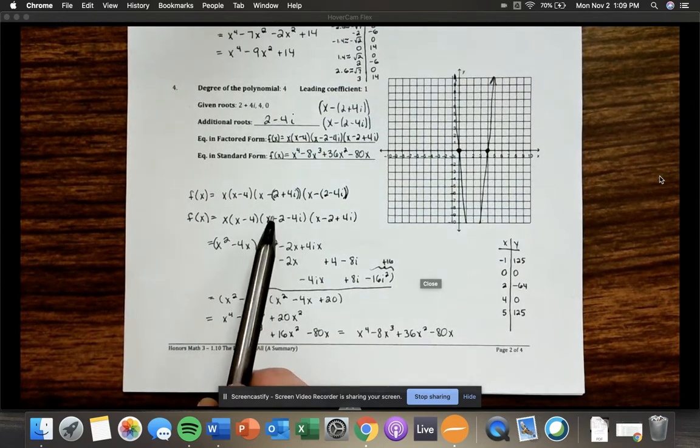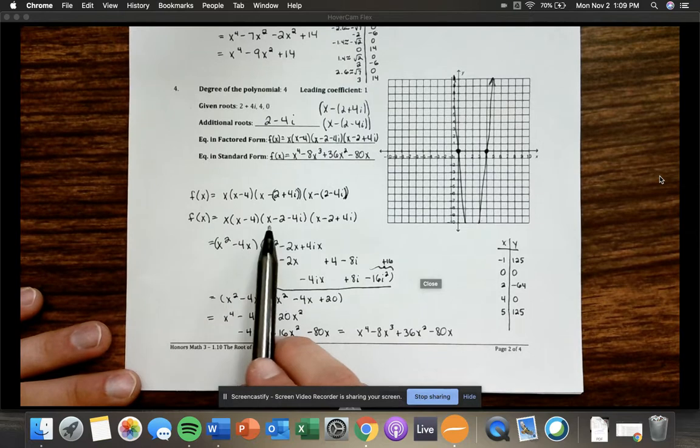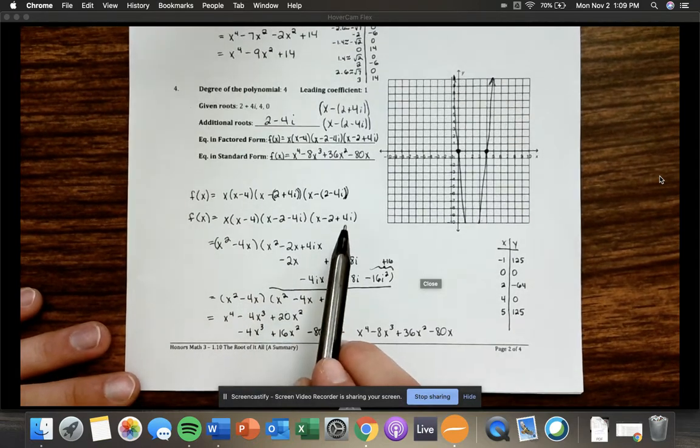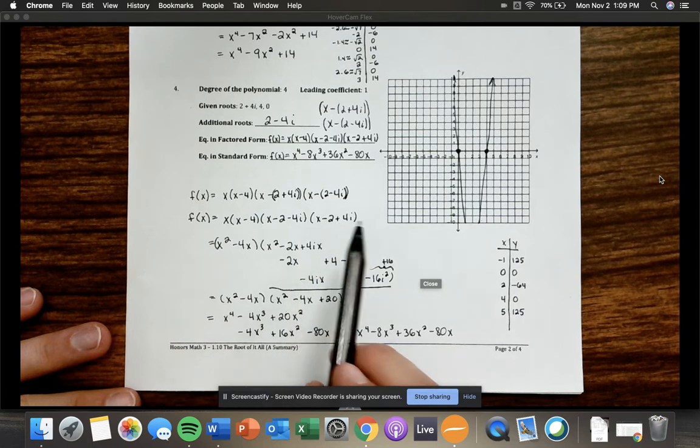It's just a lot of foiling. So here we have it all written out, all simplified, right? So we would just multiply each term by each term in the other factor.